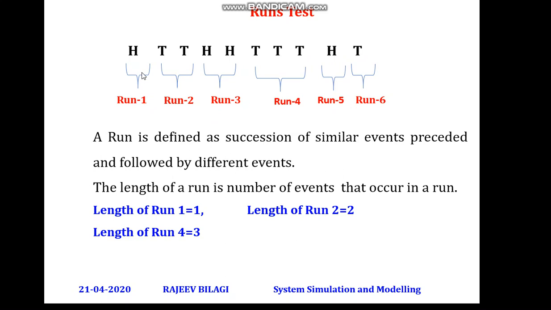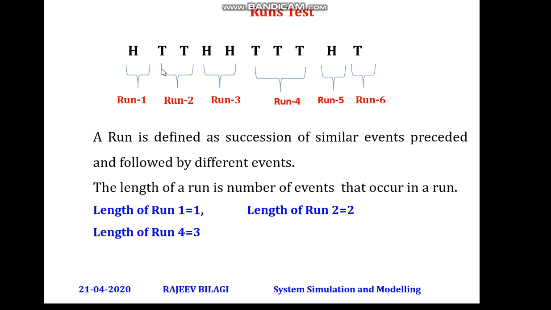Here, the run is defined as a succession of similar events preceded and followed by different events. After the two T's there is one H, a different event. So this one H is called one run.